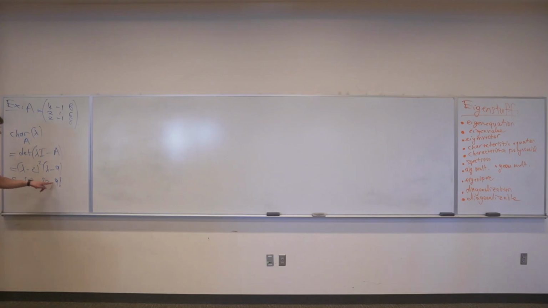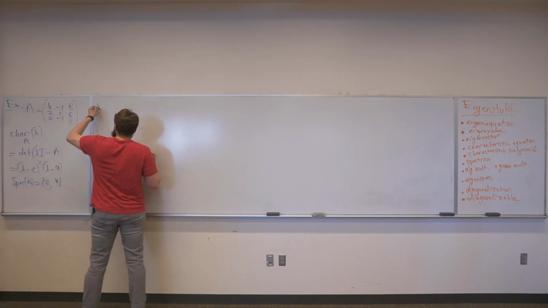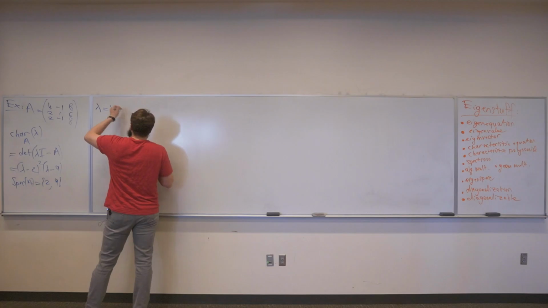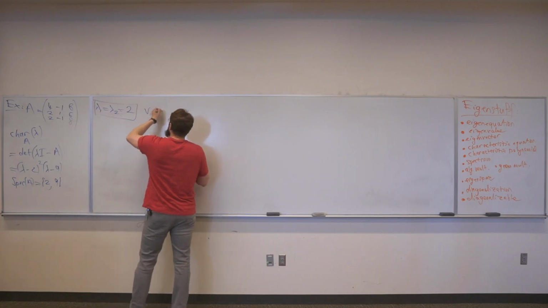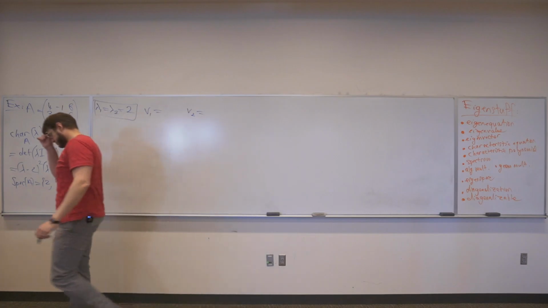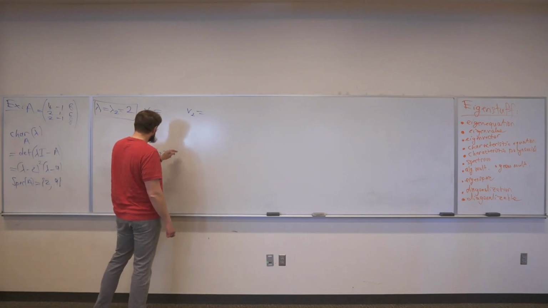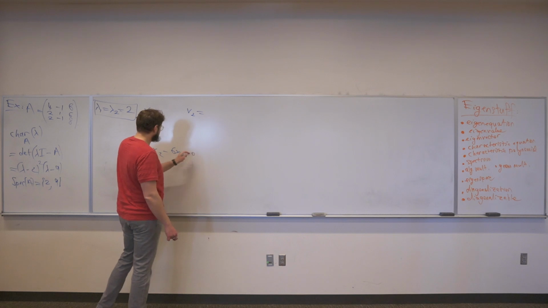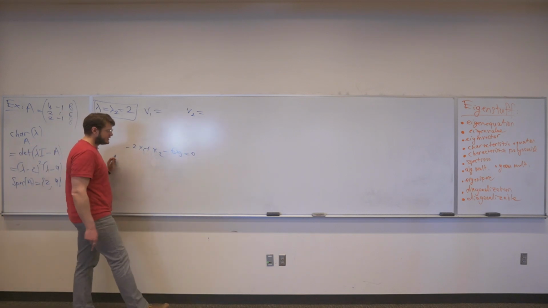Then we went ahead and plugged in these different values for lambda in the eigenequation to solve for eigenvectors. Okay, for these we found something, and then it was like this. I think this was minus 2x1 plus x2 minus 6x3 equals 0. We did some calculations, and that was the equation that we came up with.